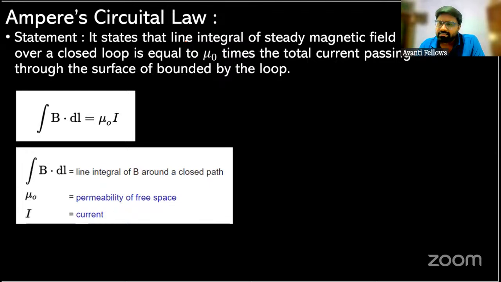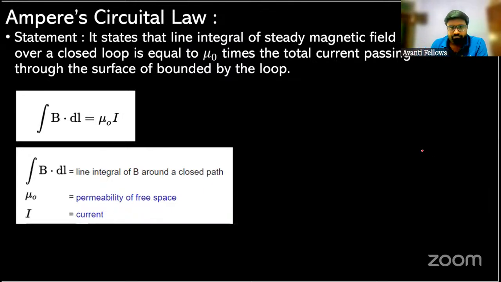In a similar way, here we are talking about current, not charge. Charge is moving in this chapter, so moving charge becomes current. So we apply the same but just change the word. We will say the net magnetic field over a closed loop is equal to mu naught times the total current passing through the surface bounded by the loop.